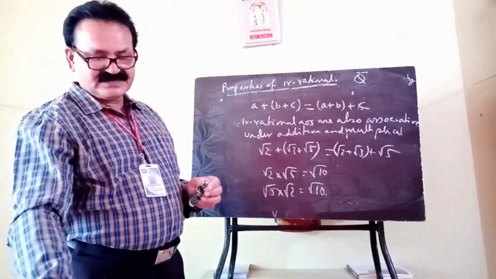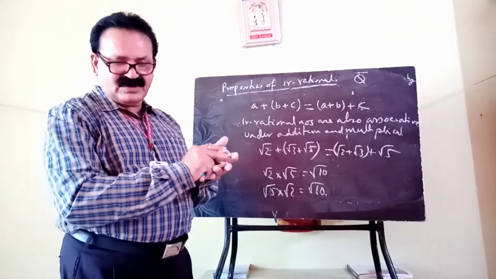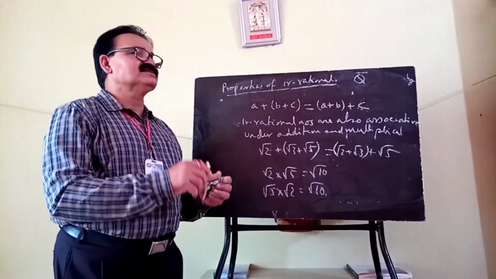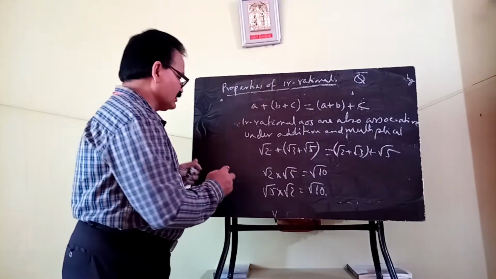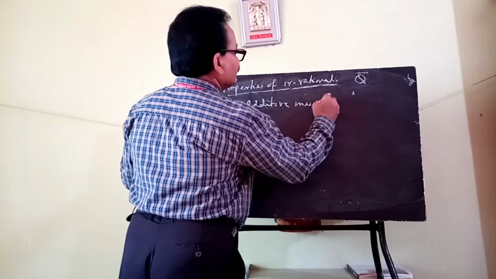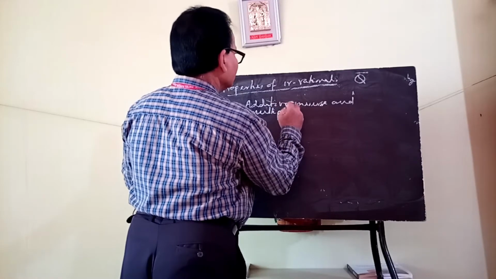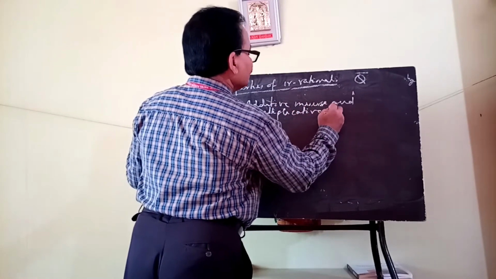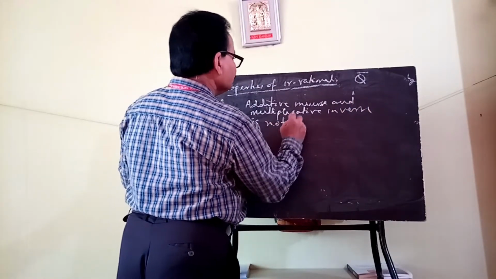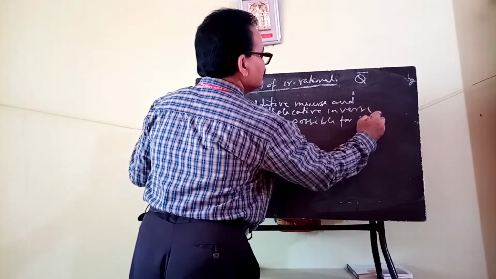Okay. So the additive inverse and multiplicative inverse of an irrational number do not exist at all. This situation is not possible in case of an irrational number. Additive inverse and multiplicative inverse is not possible for irrationals. Okay.